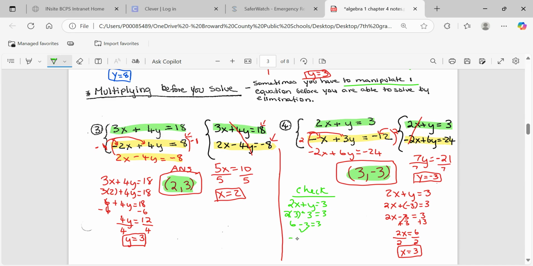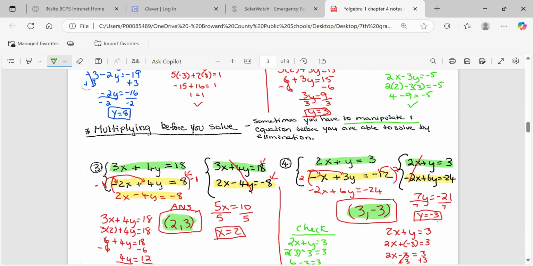Negative x plus 3y is equal to negative 12. I'm using the first yellow one. I could have done either, but this one is less. So negative x is 3, negative 3 plus 3 times negative 3 should equal negative 12. Negative 3 minus 9 should equal negative 12. And that is true. So I am good to go.